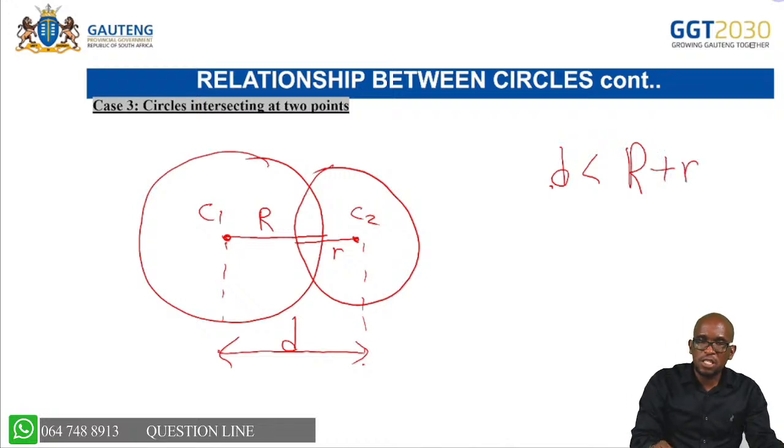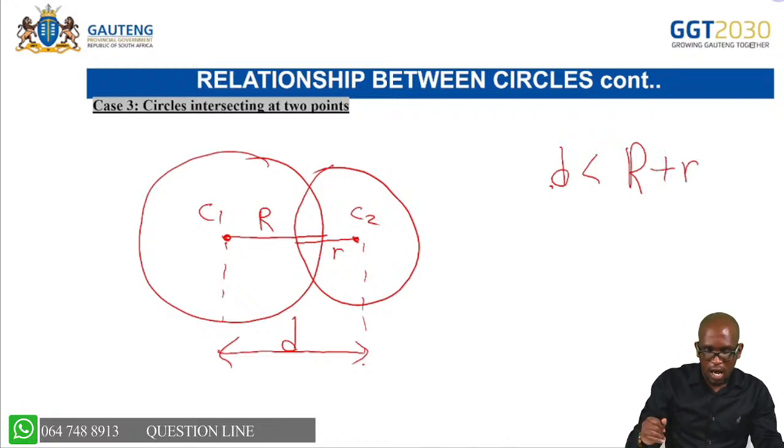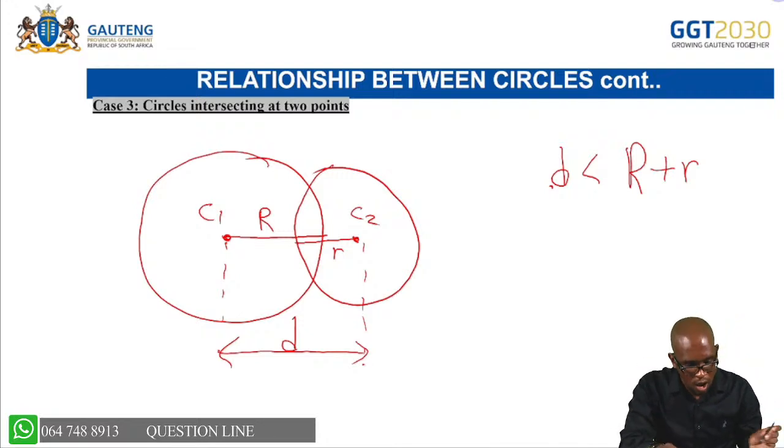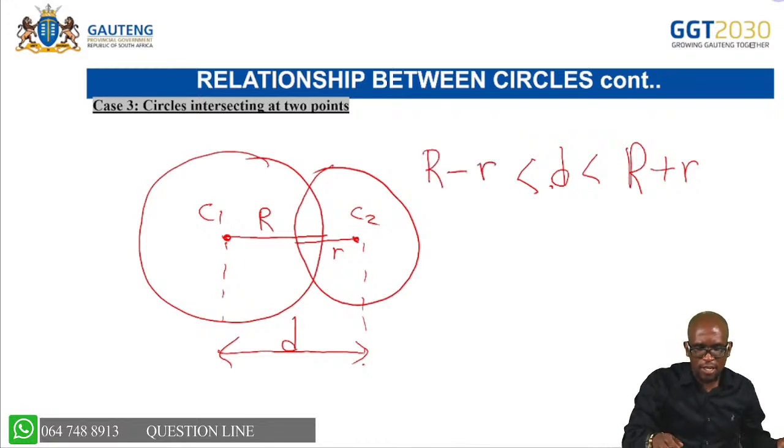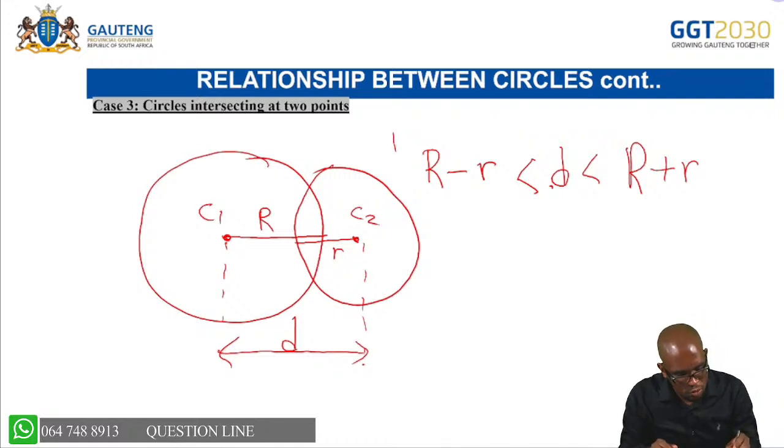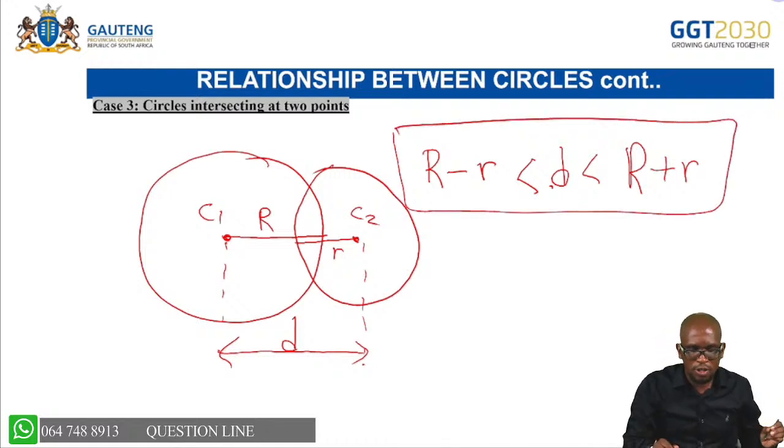The value of d is less than the sum of the radii, or the sum of the radii is greater than d. However, if we analyze this further, we can see that the value of d is greater than the difference R minus r. So we get this compound inequality in this case.